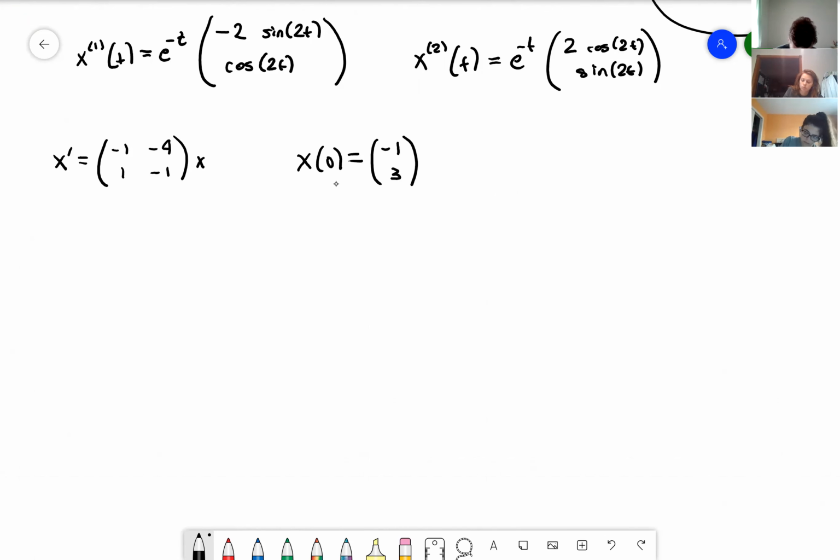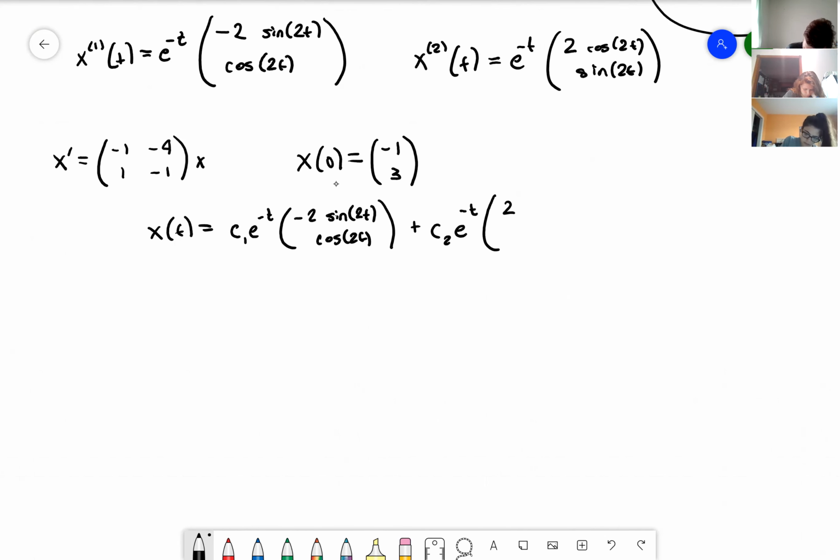Well, let's write out our general formula first. C1 e to the minus t, minus 2 sine of 2t, cosine of 2t, plus C2. So if there were a question asking on the exam for the general solution to this homogeneous system of equations, this is what it would be.